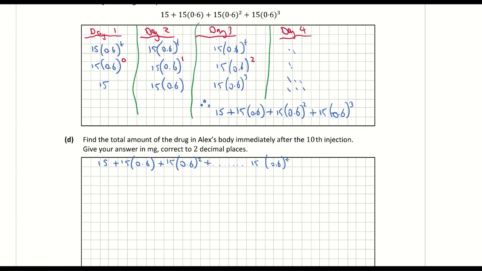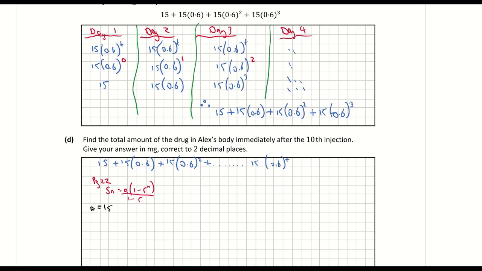And if I go to my log tables now, to page 22, you can see the formula for the sum of a geometric series. It's given as Sn is equal to a times 1 minus r to the power of n, all divided by 1 minus r. Filling in our pieces of information, my value for a is the first term, so that's 15.